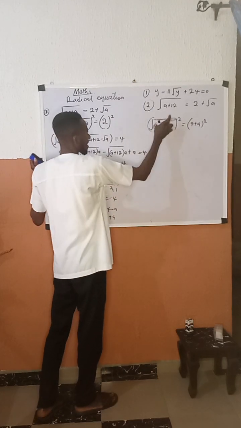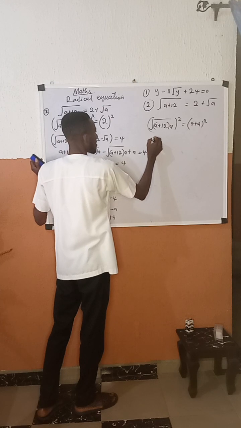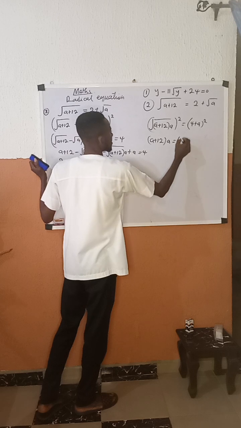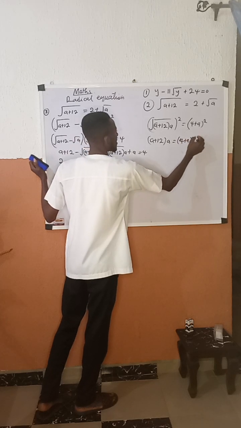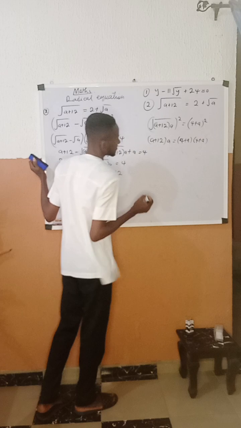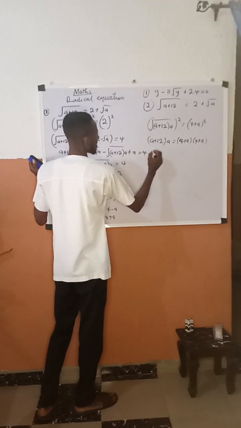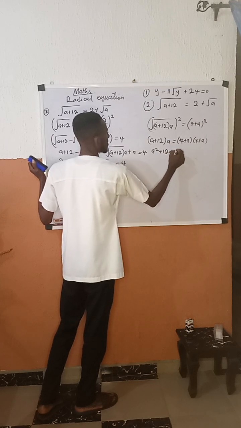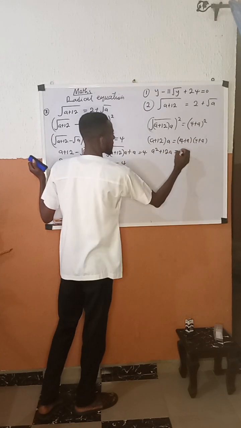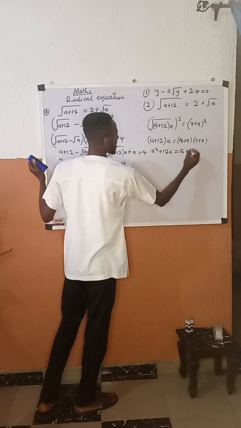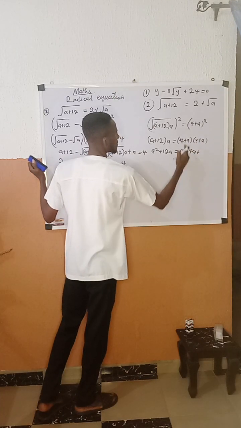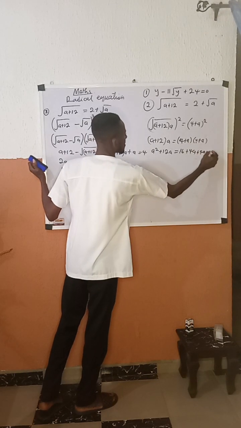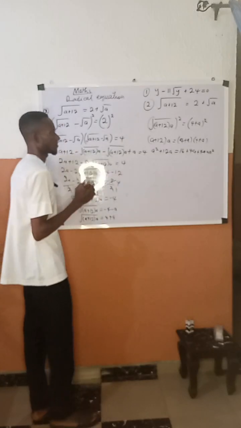Of course, this square cancels this square root, and I'm left with A plus 12A equals 4 plus A into 4 plus A. A times A raised to power 2 plus A times 12, 12A, equals 4 times 4, 16, plus 4 times A, 4A, plus A times 4, 4A, plus A times A raised to power 2.